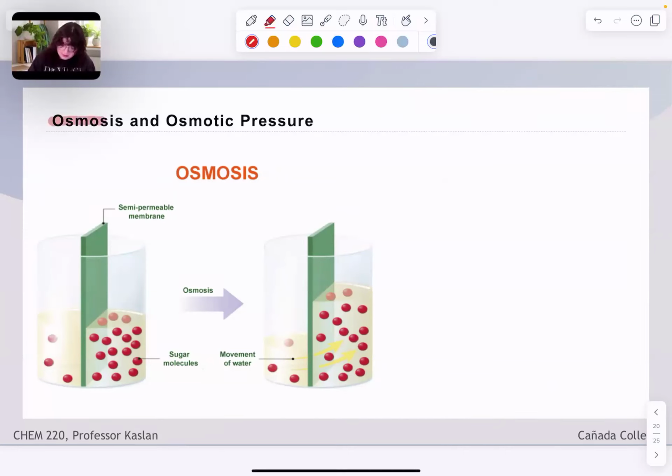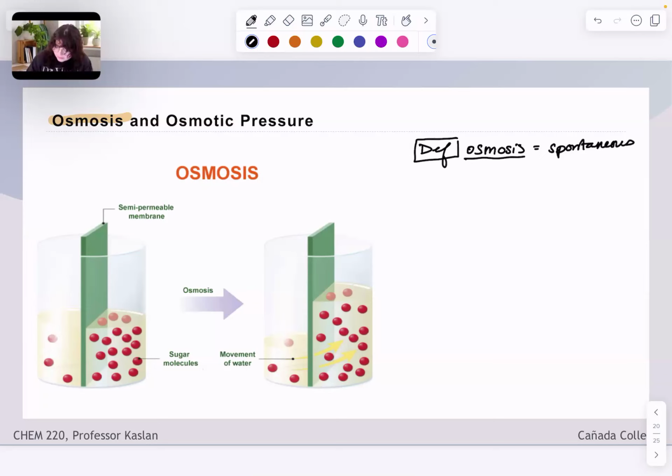So here we're looking at osmosis. I've shown a little diagram. Let me describe to you what osmosis is, like let's define it, and then we can get into the meat of what you're seeing in this diagram in a moment. So by definition, osmosis is the spontaneous or natural flow of water.